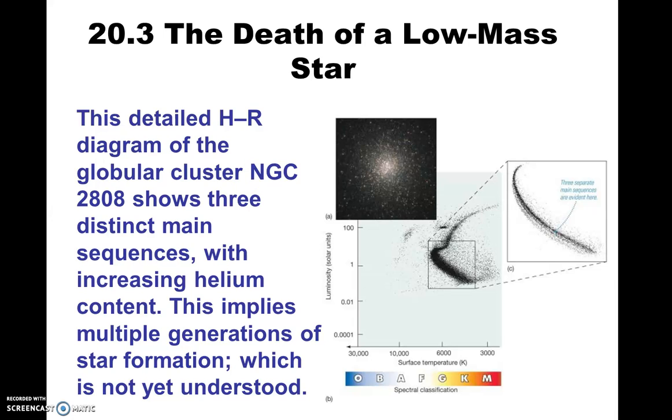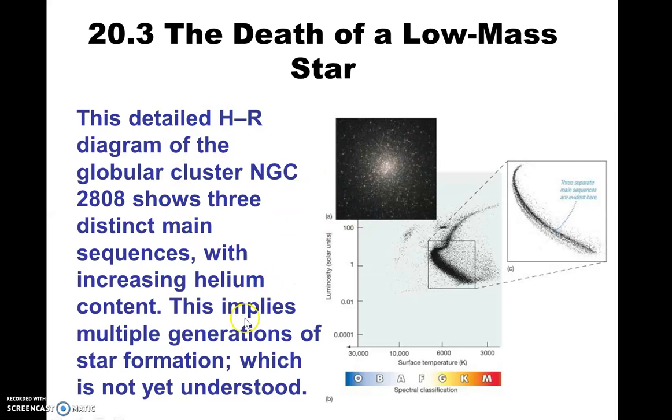Open clusters have maybe thousands of members, and they're relatively new stars in the disk of the galaxy. These globular clusters are outside the disk of the galaxy, and these are ancient stars. In fact, the globular clusters themselves are close to 12 billion years old in some cases.